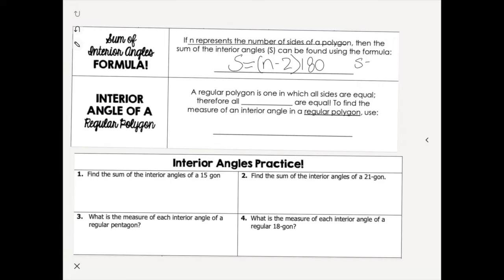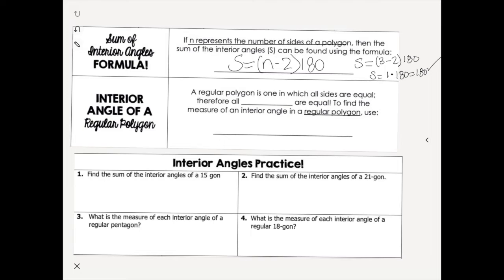So we're going to do S equals 3 minus 2 times 180. So we're going to have S equals 1 times 180, and 1 times 180 is 180. So we know that that works.